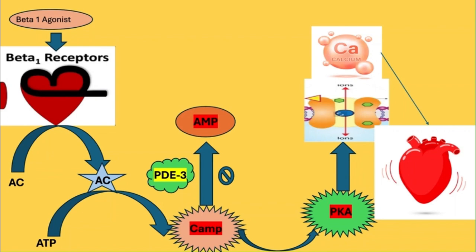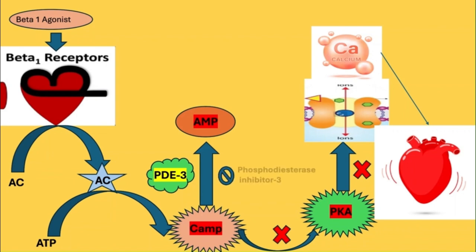When this occurs, there will be no formation of PKA, protein kinase A, which in turn inactivates the opening of calcium channels, so the contractility of the heart will be decreased.